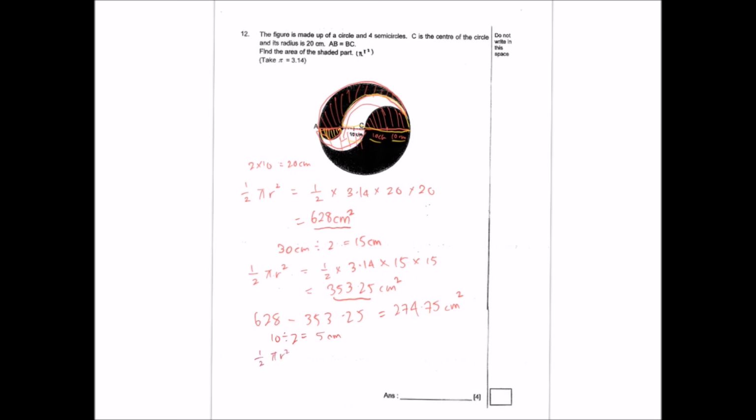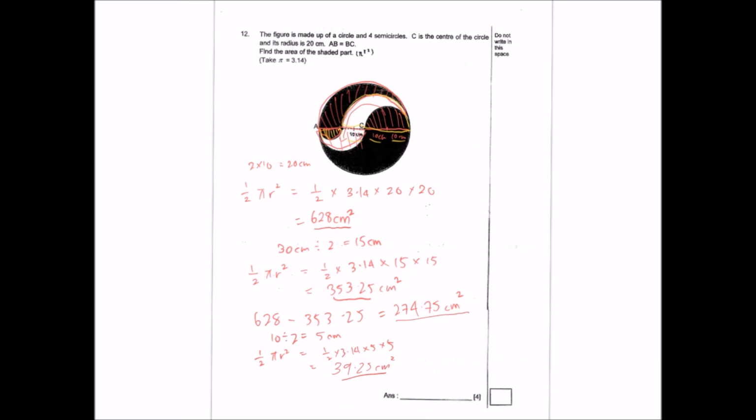Half times pi r square will be equals to half times 3.14 times 5 times 5, which will give us the answer 39.25 cm square. Okay, so we have the smallest tiny semicircle, we have this shape over here, and then we have the big semicircle.